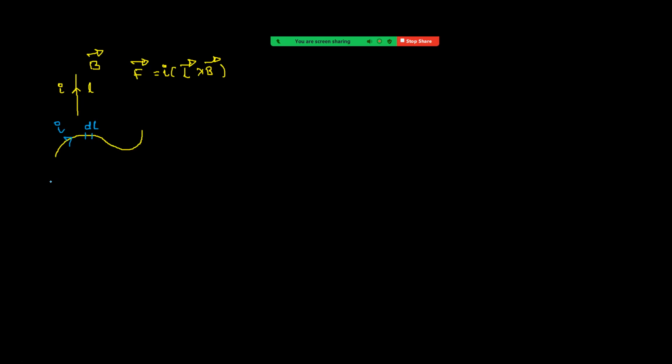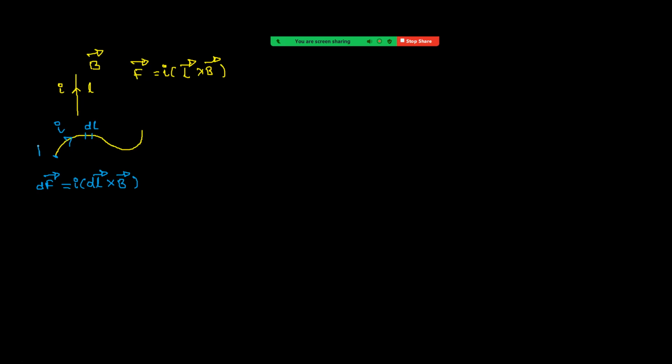Then the force acting on that, dF bar, is equal to I into dl bar cross B bar. This is the magnetic force acting on that small part. Like this, we have to consider all small elements starting from here.